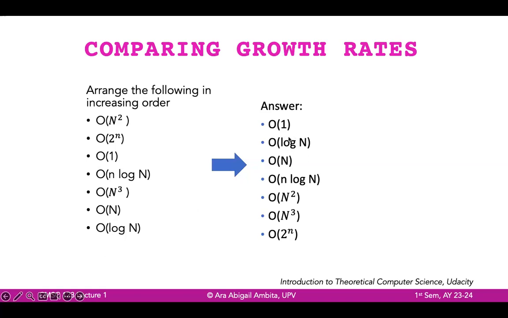So logarithmic, and then followed by the linear, which is O of n, and then O of n log n. So log linear na function, followed by the quadratic, which is O of n squared, followed by O of n cubed, which is the cubic, and then O of 2 raised to n, which is the exponential. Okay?